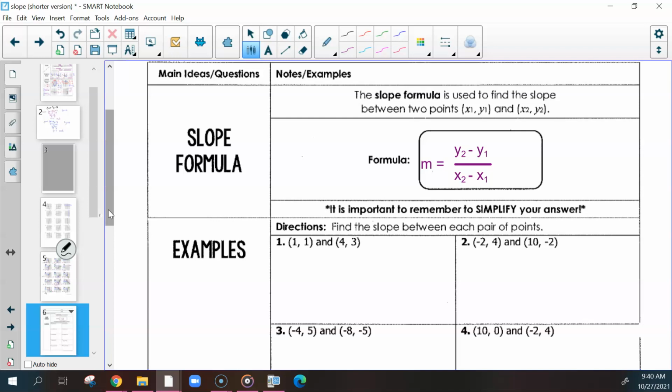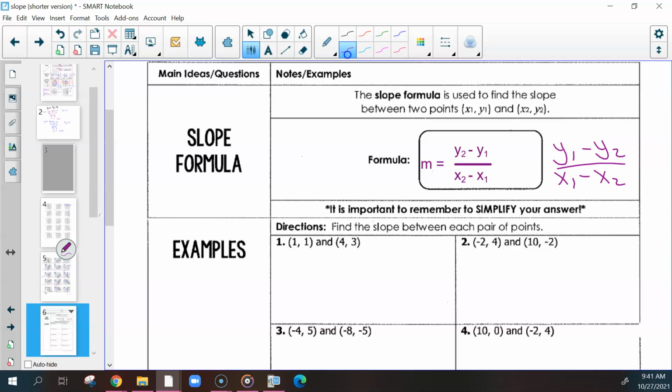There are things you can switch in this formula that would still make it okay. If you forget the order, and you put y1 first and then subtract y2, as long as you also switch the two x's, that's fine. What you cannot do is switch your x's and y's, because y's are your rise, x's are your run.